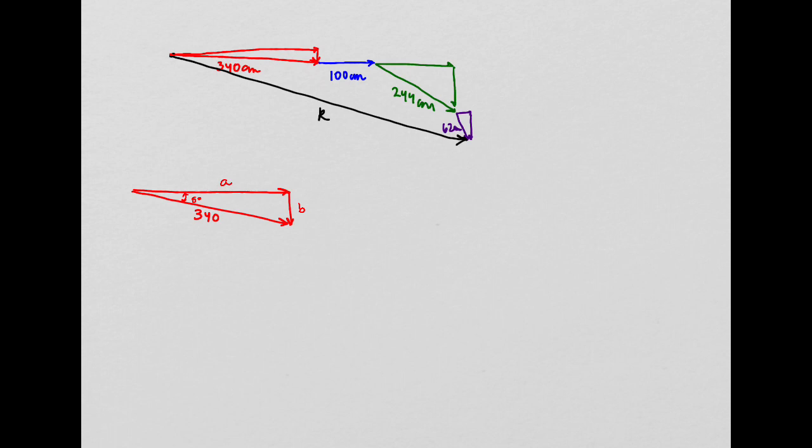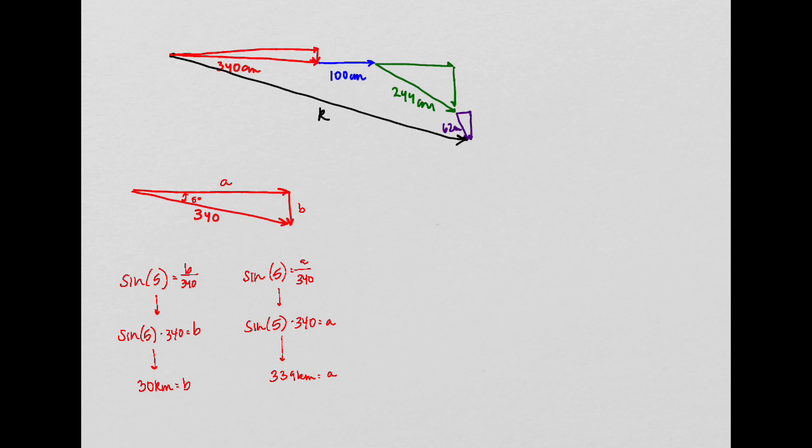We're going to use the trigonometric method first in order to solve for the magnitudes of both A and B. Same thing, we're going to use the sine function and the cosine function like we did in the previous problem. All right, and here you have it. I have solved for my two vector components for my red vector there.